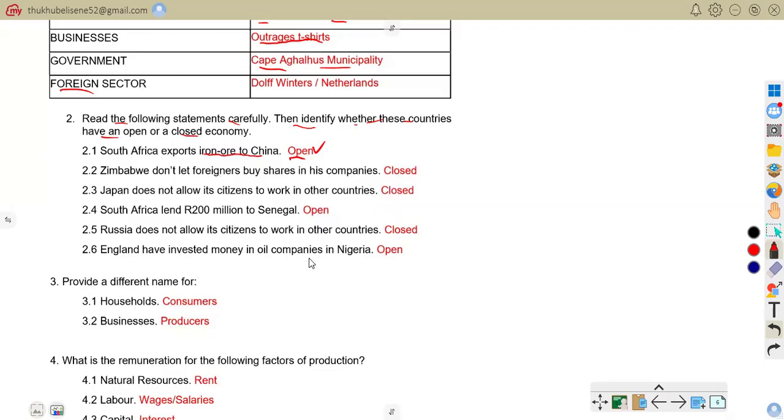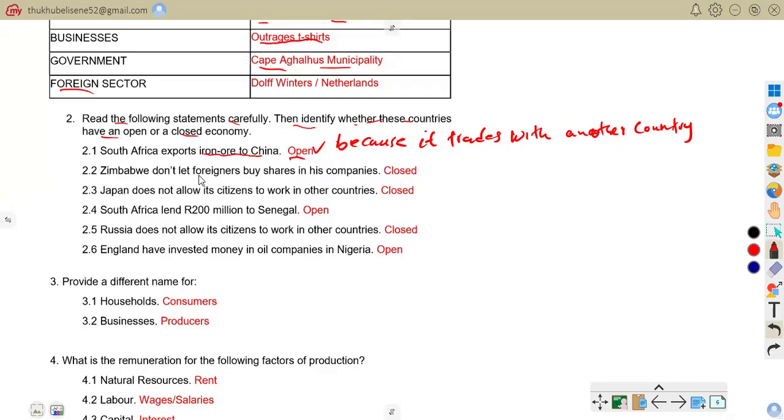Because it trades with another country, that is the reason why we are saying it's an open economy.